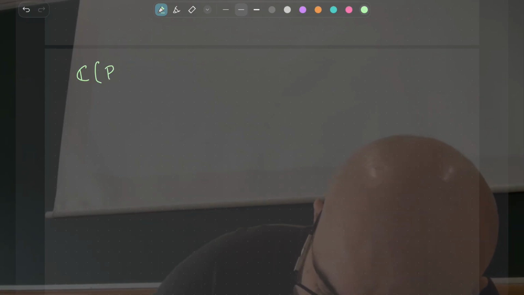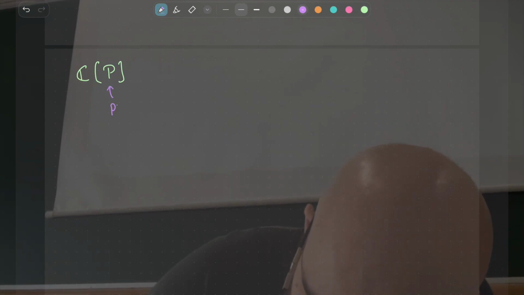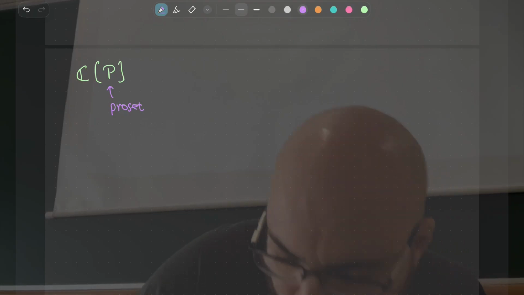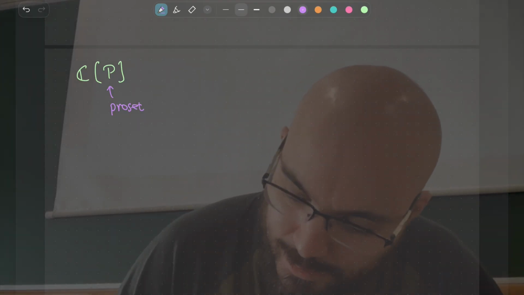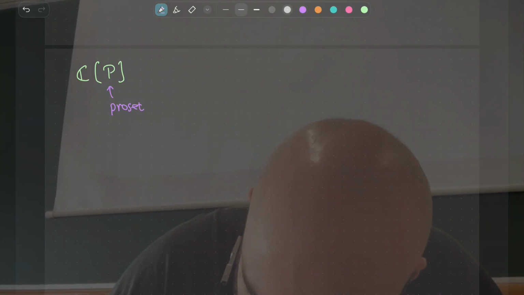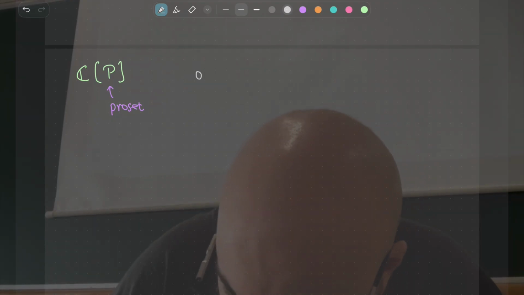Okay, so let's make this into one of our first interesting constructions: how we get a category out of a proset. So this is a proset. I need to say what the objects are, and I need to say what the arrows are.